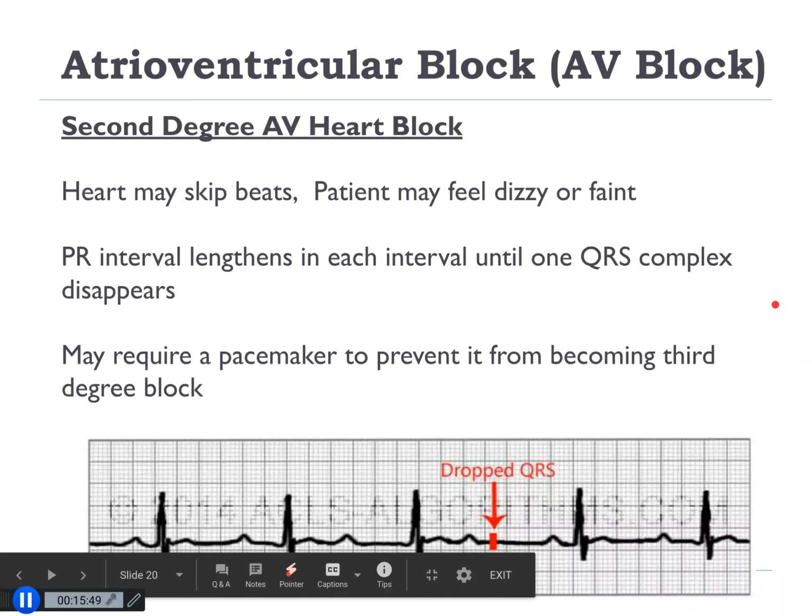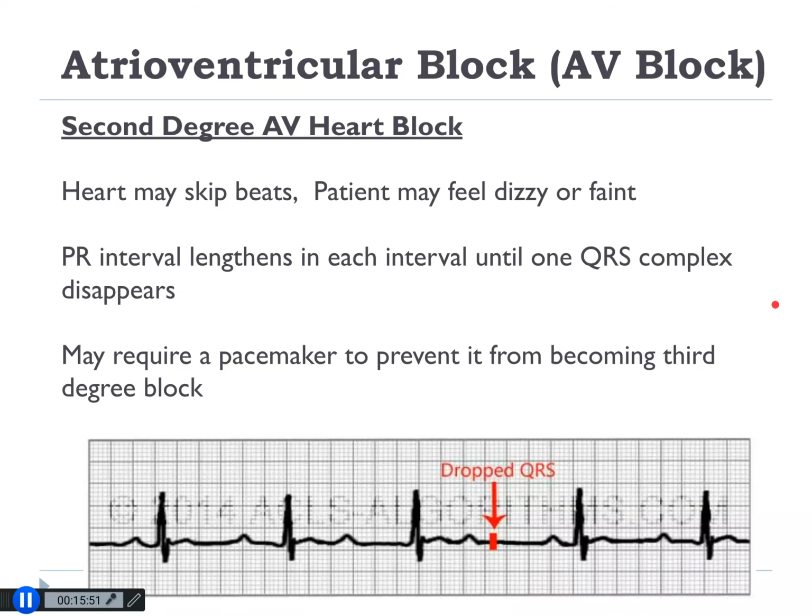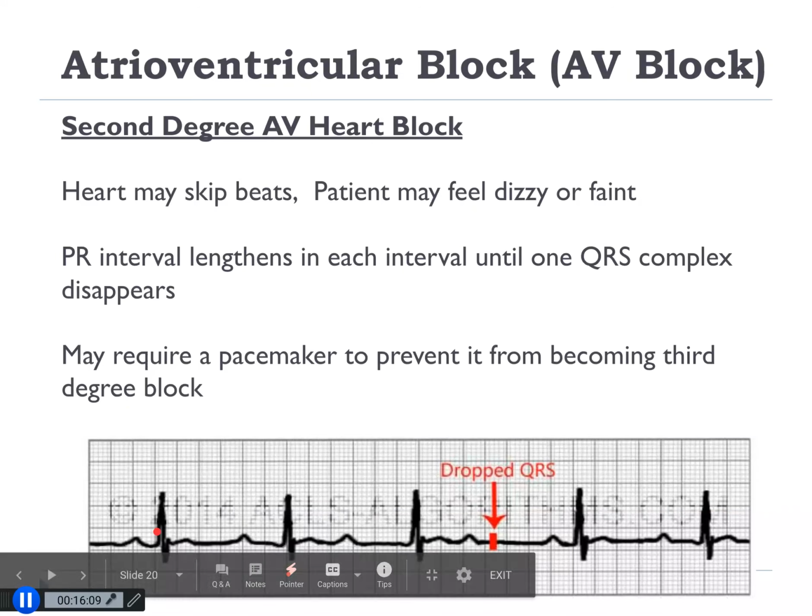Second degree AV heart block is when the heart can actually skip beats, so the beat is getting stuck at the AV node and not making its way down to the ventricles for them to contract. The PR interval tends to lengthen in each interval. If you were to look at these ones before the QRS complex disappears, or the dropped QRS, you'll notice that the PR interval is getting a little bit longer, and then it just doesn't make it at all.